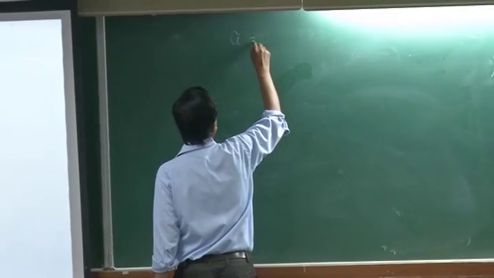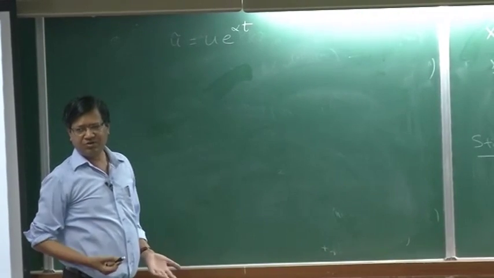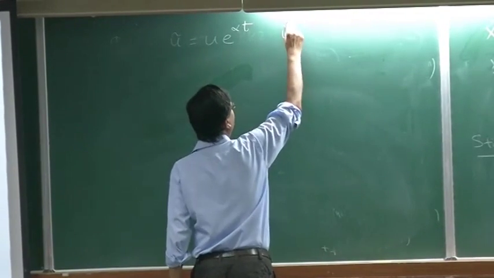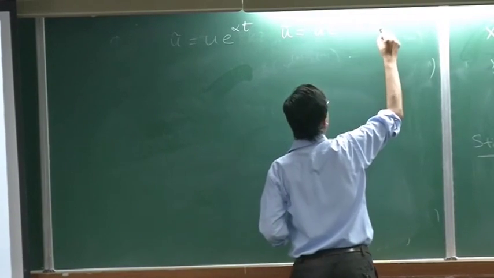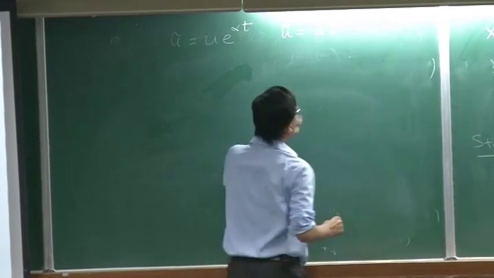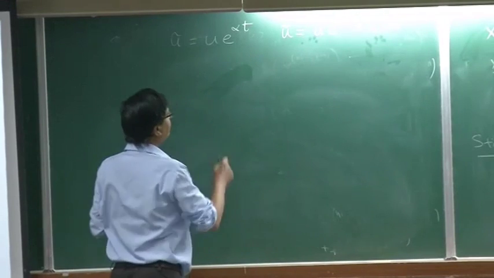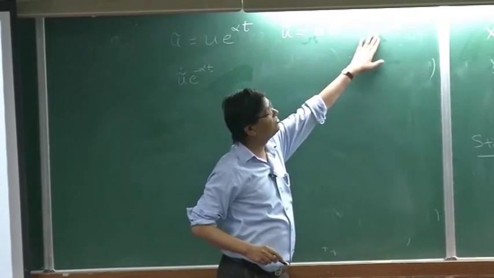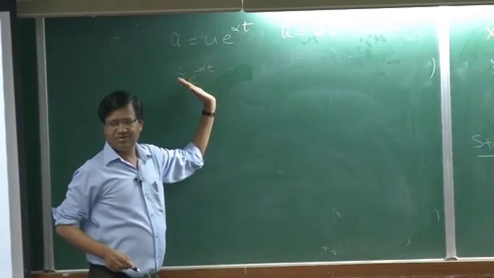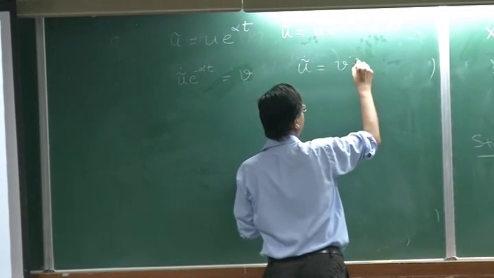If I make a change of variable, u tilde is u e to the power alpha t. So u tilde is a new variable. Let us take a derivative. Now I get u dot plus alpha u. So the left hand side can be written as this, u dot plus alpha u, equal to v.